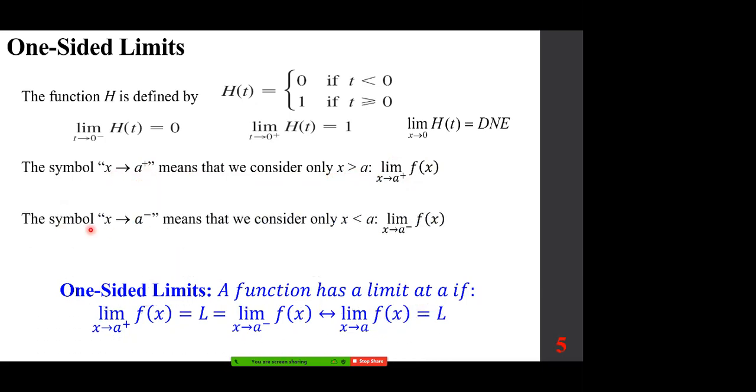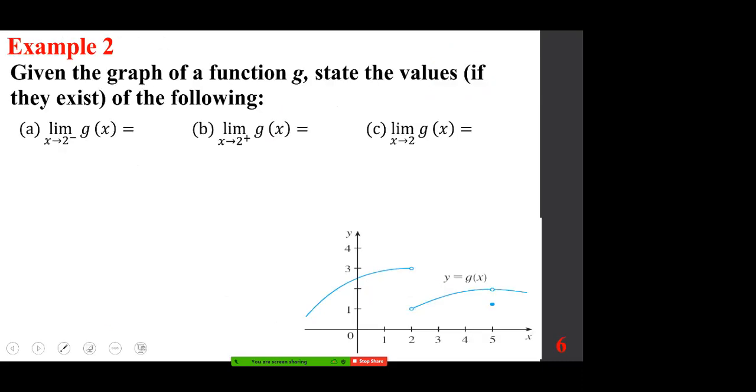And the symbol x approaching a from the left means that we consider only x less than a. And here's the limit. By the way, h of 0 is 1, class, because this has equality here. So h of 0 is also 1. I thought it is a good idea to see that. Okay, so having said that, let's go to the next page.